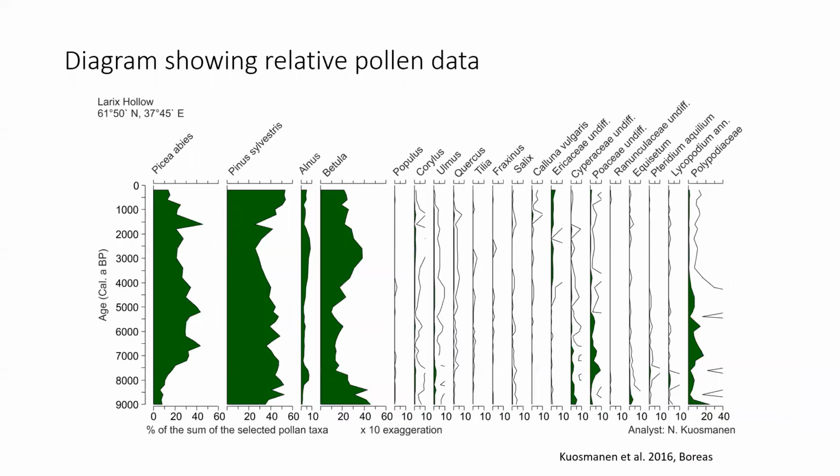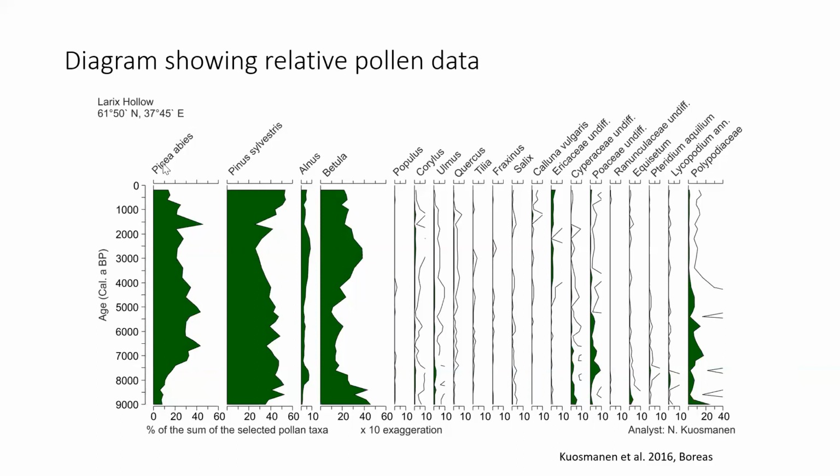And here is just an example of relative pollen data. Basically here you can see changes in the vegetation. The main pollen composition at this site is from trees.